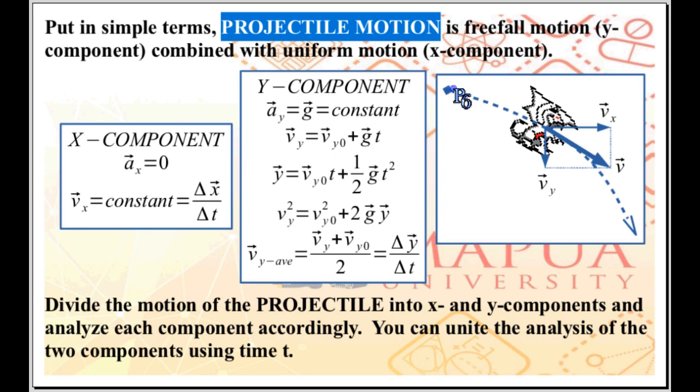If you divide the projectile motion of the object into its x and y components, the x component is characterized by uniform motion, whereas the y component is characterized by free fall motion.